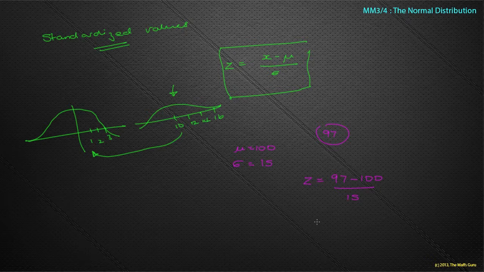And using our trusty calculator, that becomes equal to minus 0.2. Well, where does that put us? Well, minus 0.2 will actually put us this side of our normal distribution. If you think about it, there is our normal distribution. We have 0 is our mean, and minus 1, minus 2, and minus 3. So minus 0.2 will put it somewhere in that region there.